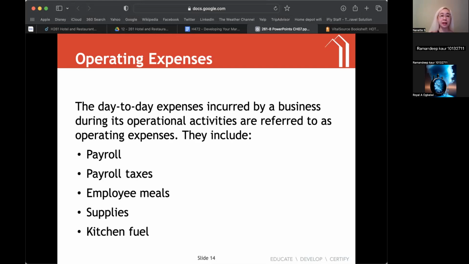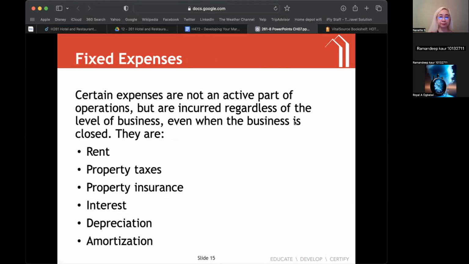So you're not making a lot of business. So here, you still need to account for your operating expenses because these are day-to-day expenses. So even if you're busy or not busy, you have to account for your operating expenses.